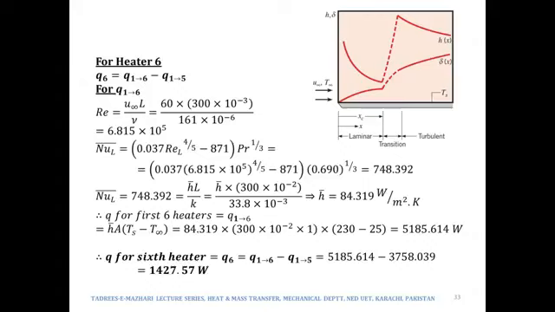So therefore the flow over the 300 millimeter length would be considered as mixed. So we get average Nusselt number as 748, and then upon equating it to HL over K, again it is 300 millimeters.